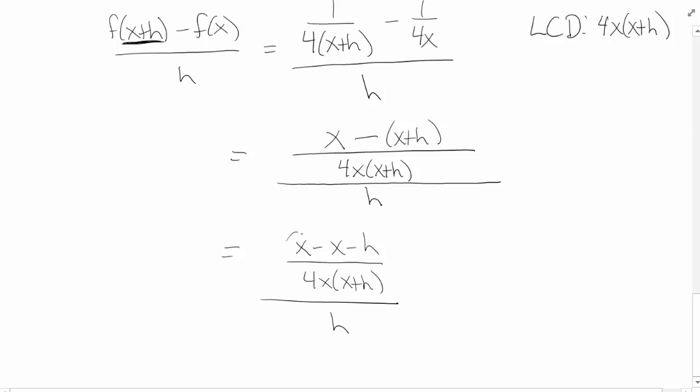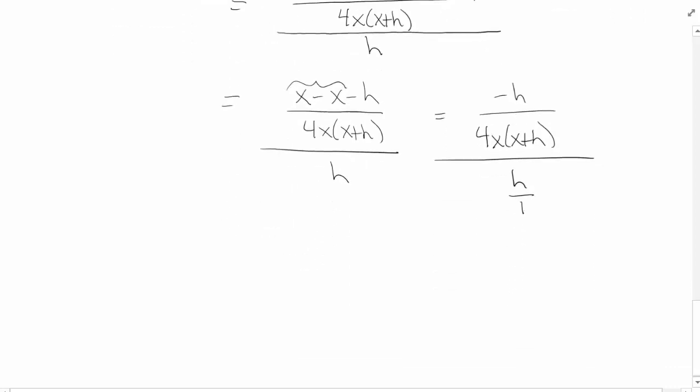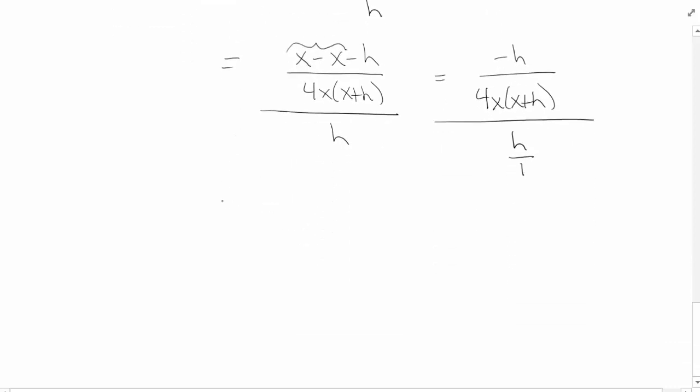The x's go away, and all you're left with is minus h over 4 times x plus h, and that's all divided by h. Well, I'd like to divide by h. So if you think about h, it's really kind of like the fraction h over 1. So I'm going to multiply by the reciprocal of that.